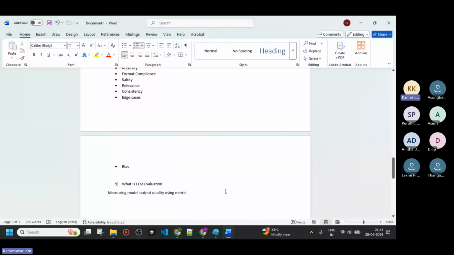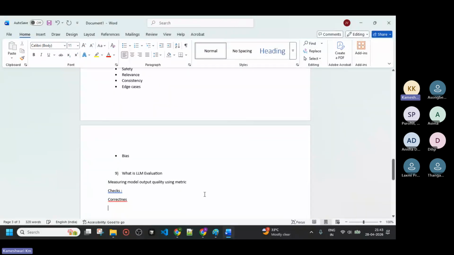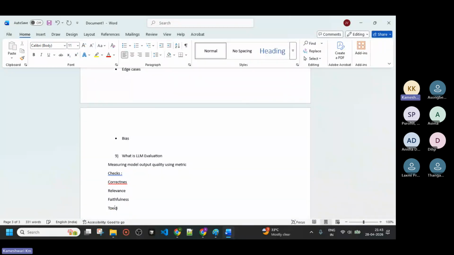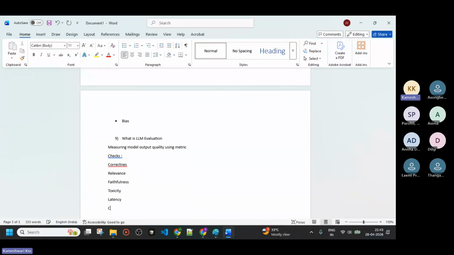So what are the metrics we have seen in deep evaluation? What are the exact metrics? Mostly for RAG and LLM evaluation these are the same, so don't get confused. These are the checks we have: correctness, relevance, faithfulness, toxicity, latency.